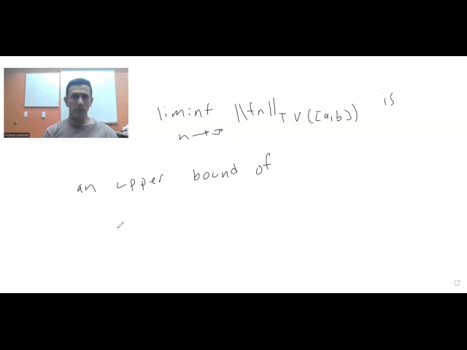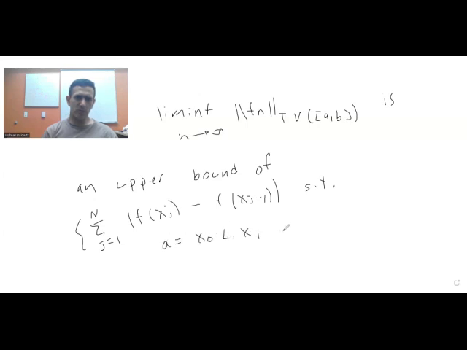It's a sup of all these sums. So we want to prove that this is an upper bound. And instead of little n, I'll use big N. So yeah, this is my task. Right. A equals x0 less than x1, just like before.